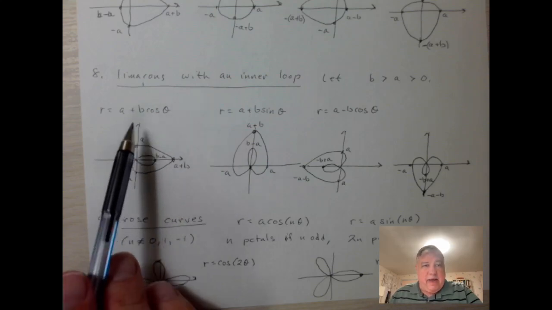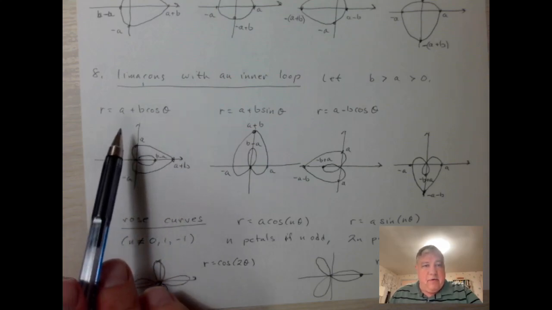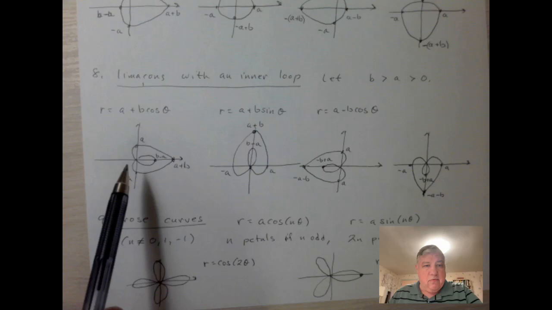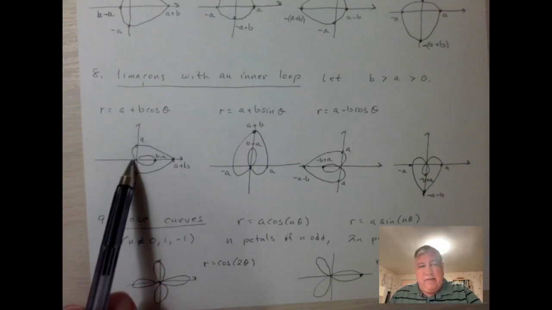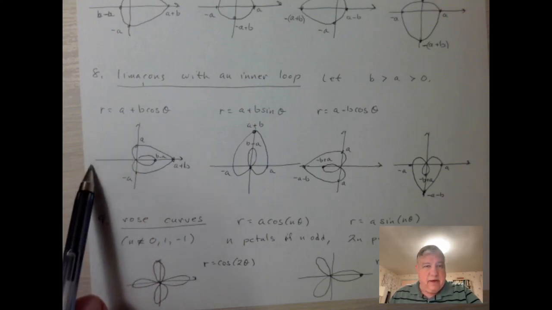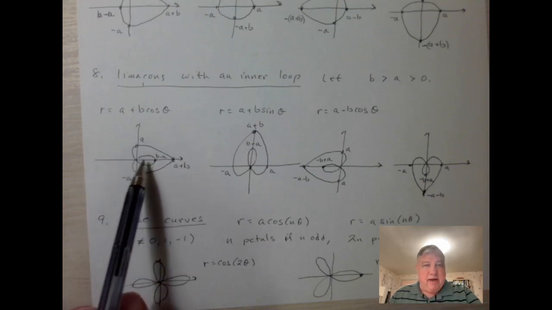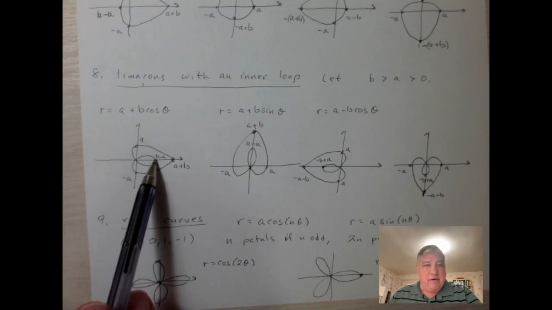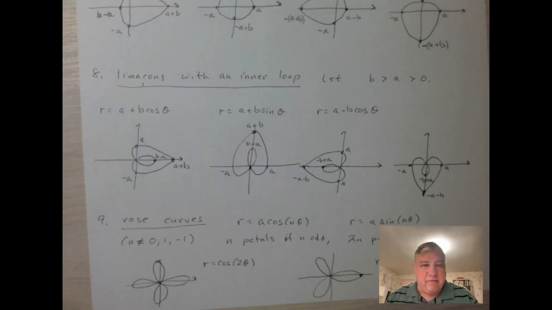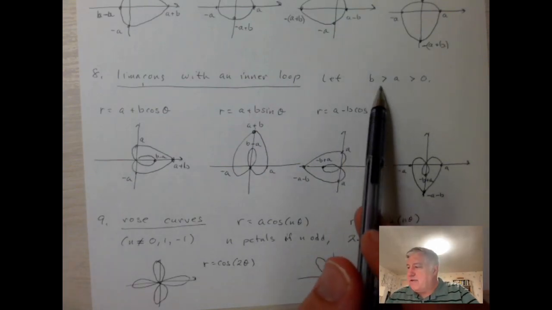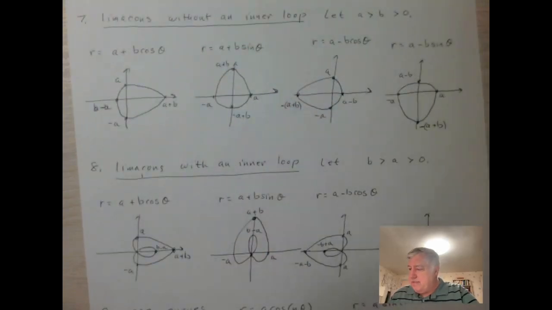Well, pi would be in this direction, so the opposite of a minus b would be b minus a, so that's why we're over here. Just think about that, or don't think about it too hard, but you'll see that these all work. So these are limacons with an inner loop, so you want to see if b is bigger than a or a is bigger than b.